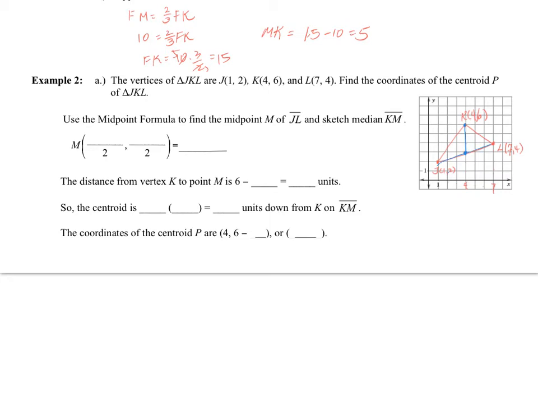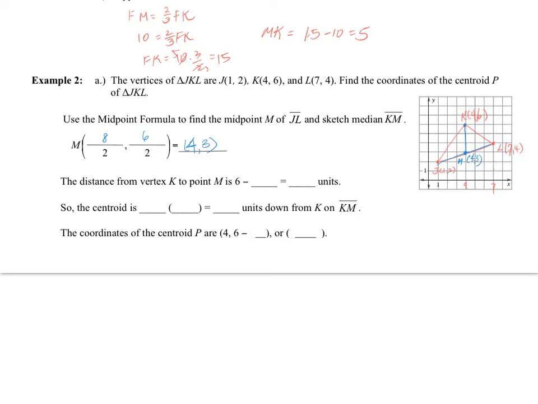So I'm going to take 7 plus 1, which is 8, and divide that by 2 to get 4. And I'm going to take 2 plus 4, which is 6, and divide by 2, which is 3. So the midpoint here is 4, 3.